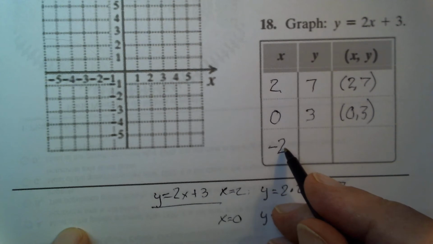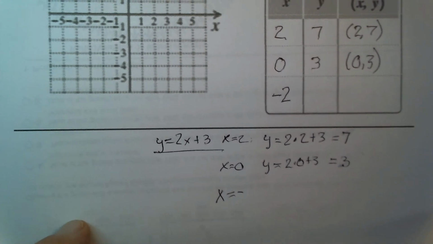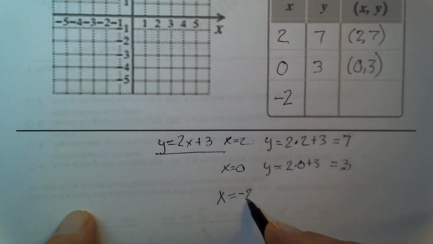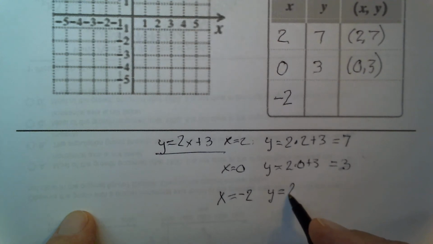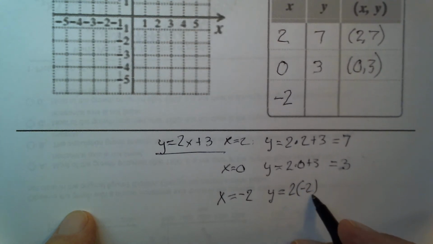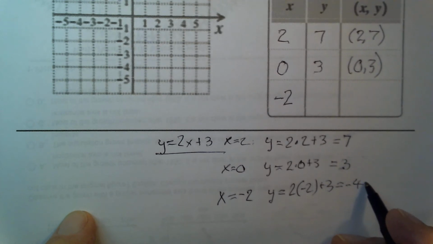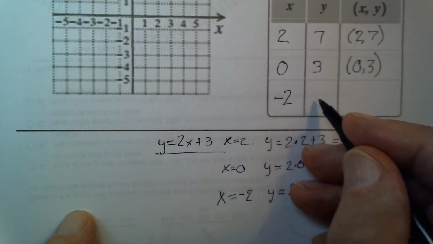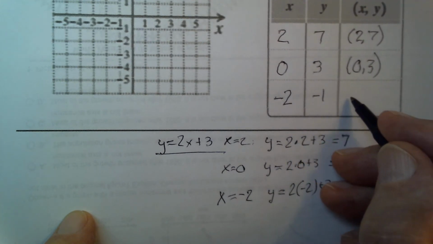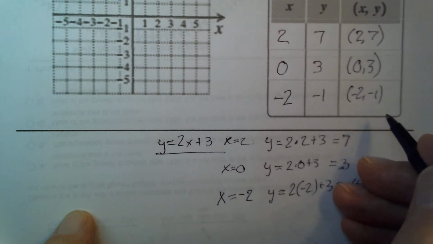And when x is equal to minus 2, we get y equals 2 times negative 2 plus 3. That's minus 4 plus 3, which is negative 1. So we have the ordered pair minus 2, minus 1.